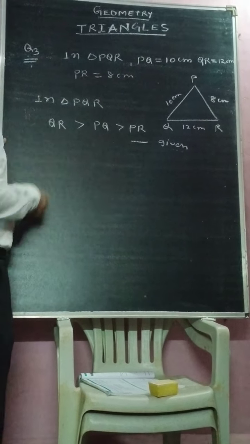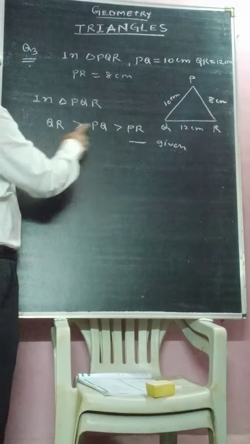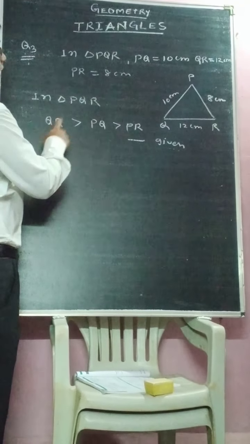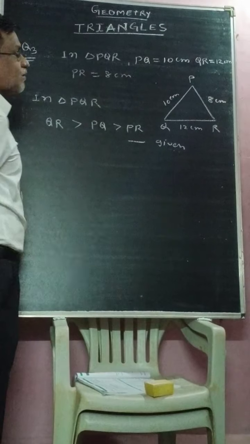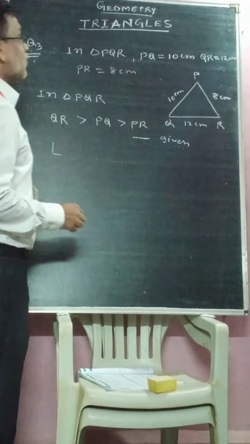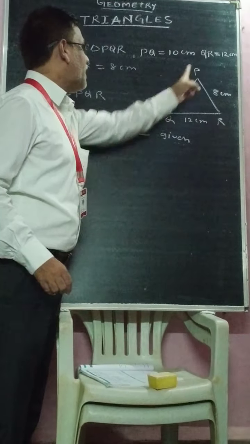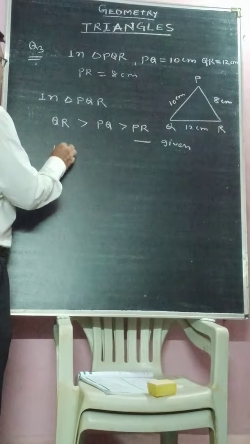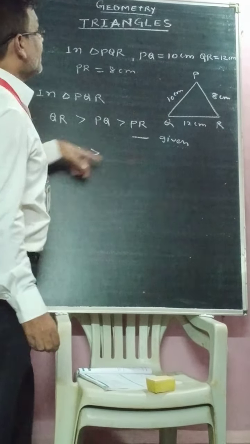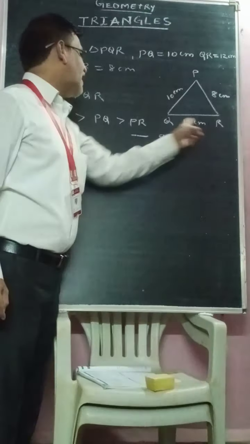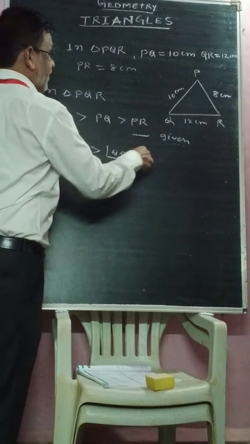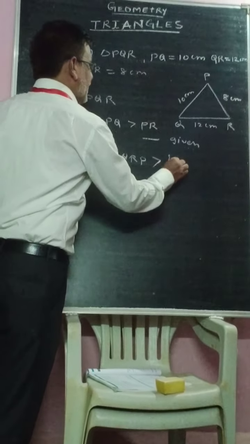Therefore the greatest side is QR and the smallest side is PR, meaning the angle opposite to QR is greatest and the angle opposite to PR is smallest. The angle opposite to QR is angle P, that is QPR. Angle QPR is greater than angle QRP, and QRP is greater than angle PQR.